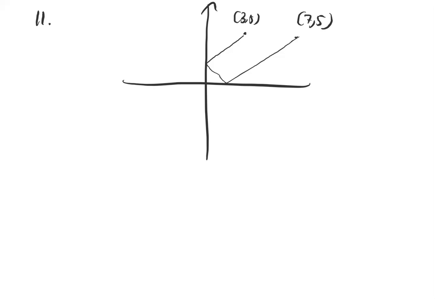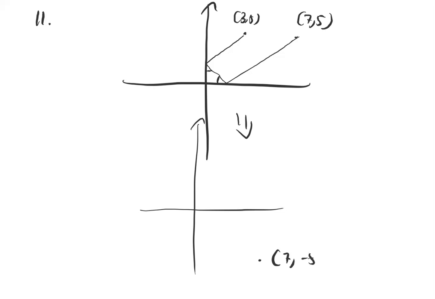One thing to note is that the degrees of these two angles are the same. So what we can do is simplify the problem by drawing a straight line, reflecting 7, 5 across the x-axis to 7, negative 5, which will be something like this. And we keep the segment here.